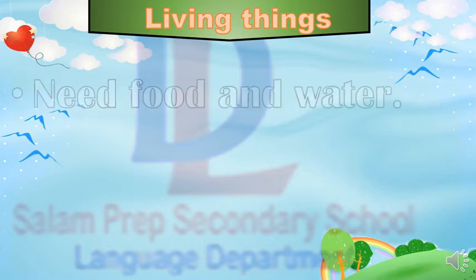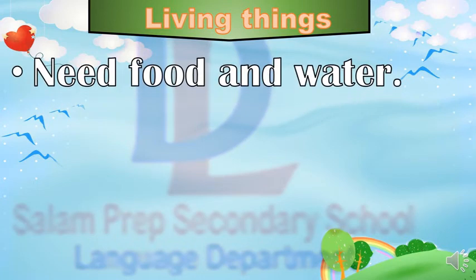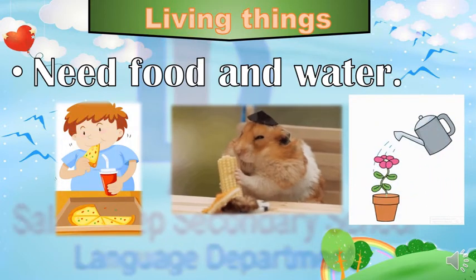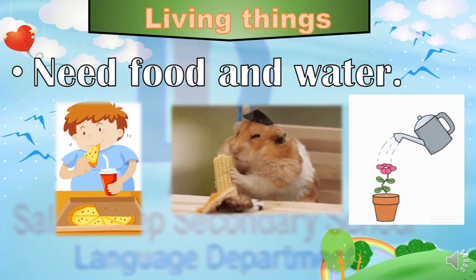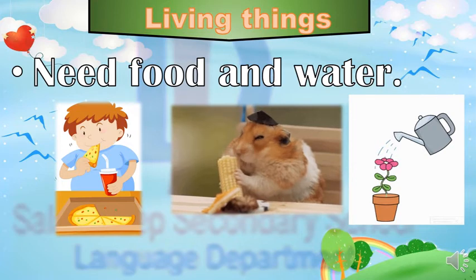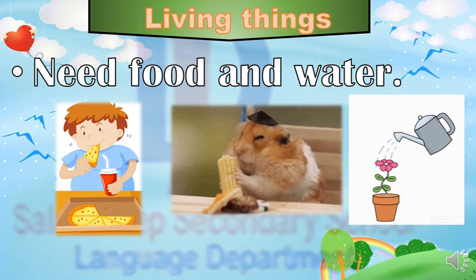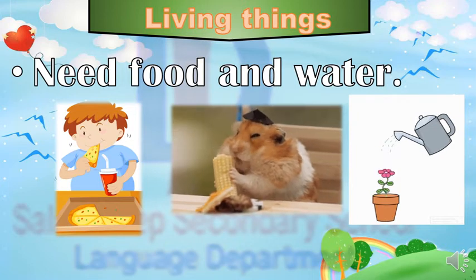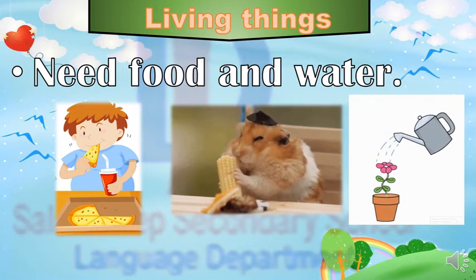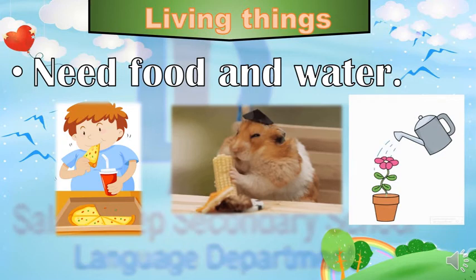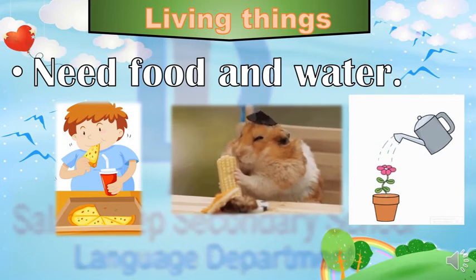Living things need food and water. People need food and water to live. Also, the animals need food and water to live. Also, the plant needs food and water to grow.